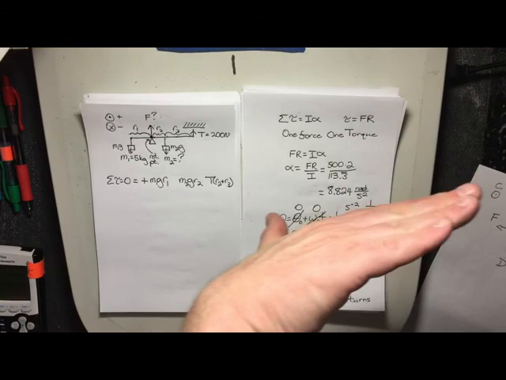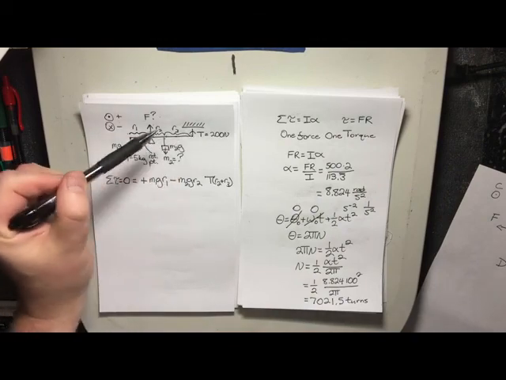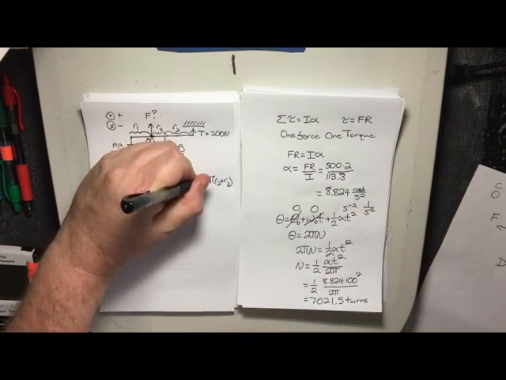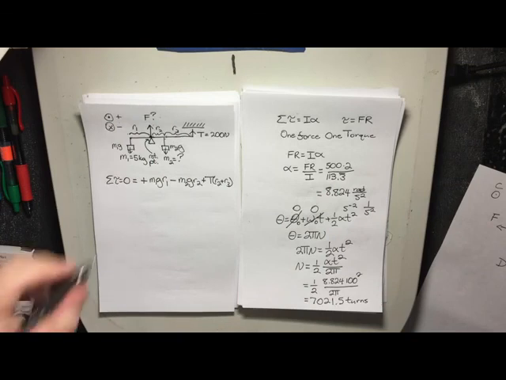M2G is to the right, down, into the page, or negative. Tension is to the right but up. Right, up, out of the page, positive. So that's how we determine our signs.